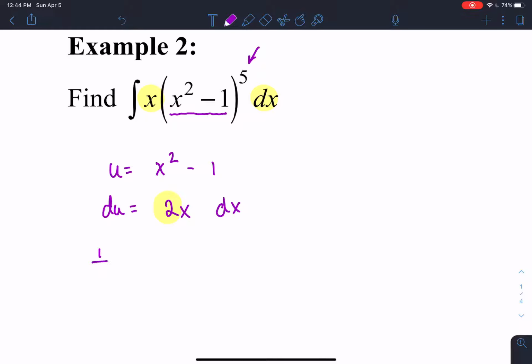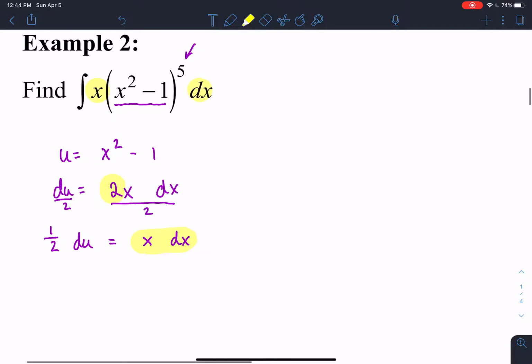So you have 1/2 du equals x dx, because you're going to divide everything by 2 now. So now you have the x dx that you need. When you rewrite it, you're going to need to put the 1/2 out front.